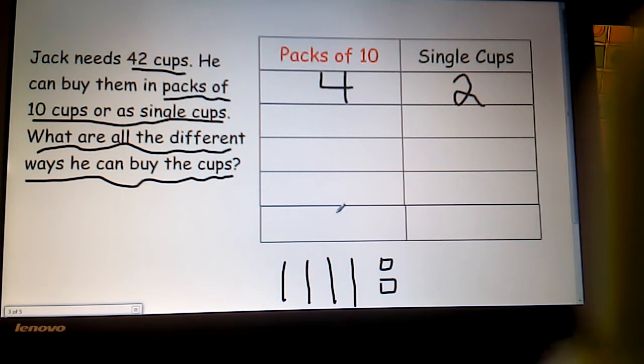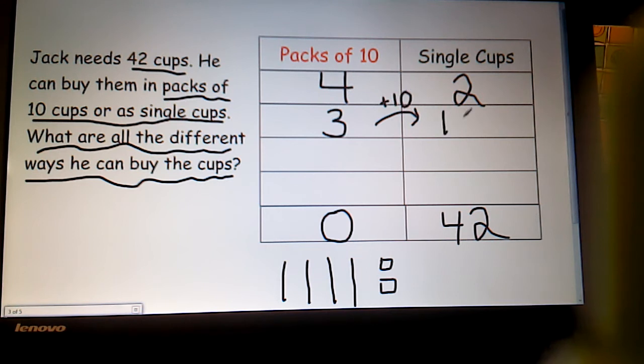Now I'm going to jump all the way down to the bottom and ask students if you had no packs of 10 or no longs to help you build that number, how many cubes or single cups would you have? Well, I know that that number would be 42. Jumping back up and knowing that the next number would be the same as taking 1 of those longs away and adding 10 to my single cup side, how many would I have?